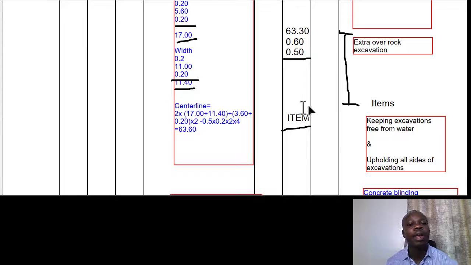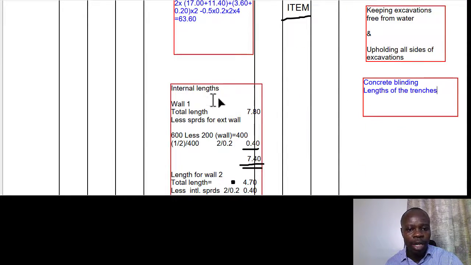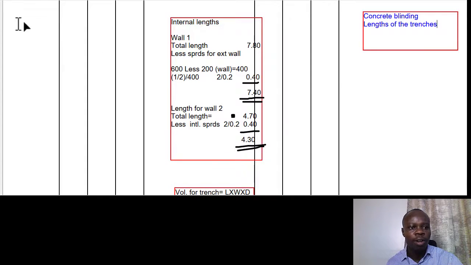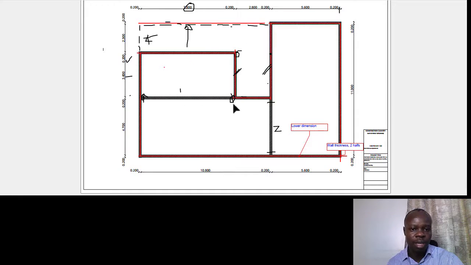We got the external center line to be 63.6, while the internal lengths we got to be 7.4 and 4.3 for this particular plan. This is the plan that we are still making reference to, and of course the concept remains the same: the same length that you use for the excavation is the same length that you use for the blinding and also for the concrete footing.